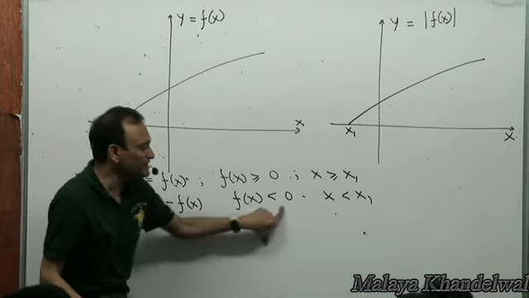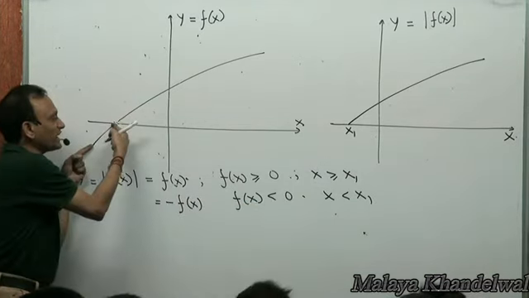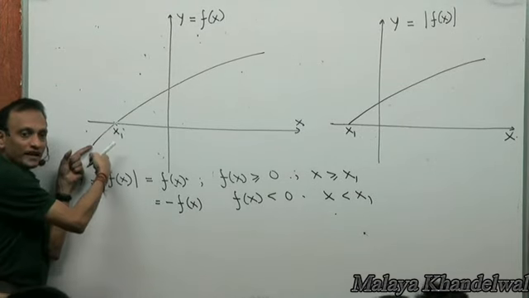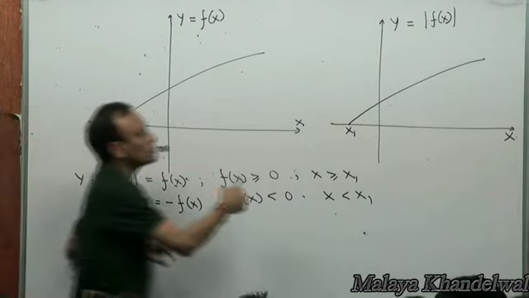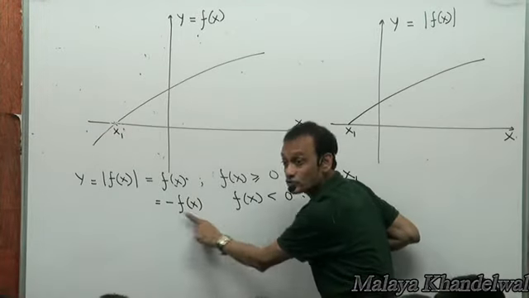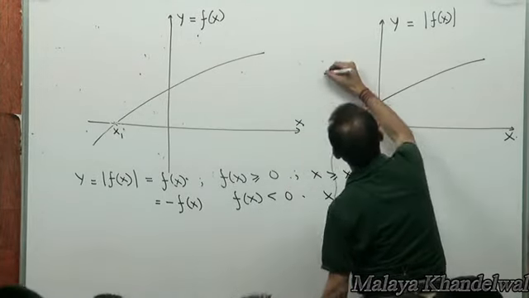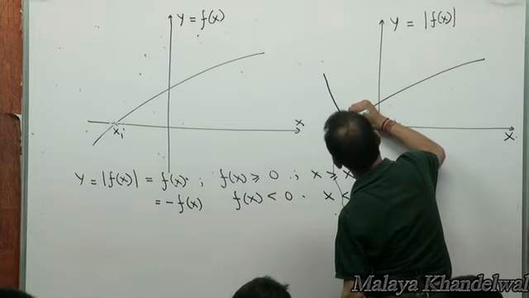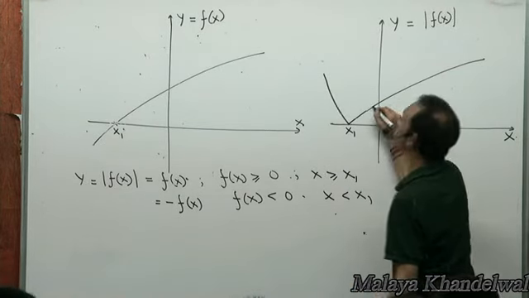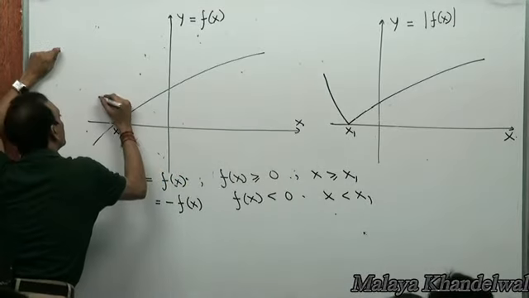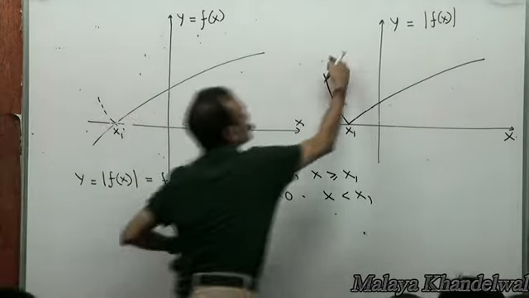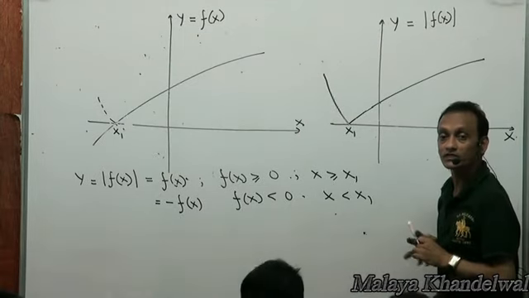Whenever f(x) is negative, which happens in this case to the left of x1, reflect that portion about the x-axis so that you get minus f(x). Reflecting this portion about the x-axis will give me this, which is what you see here. Yes or no?